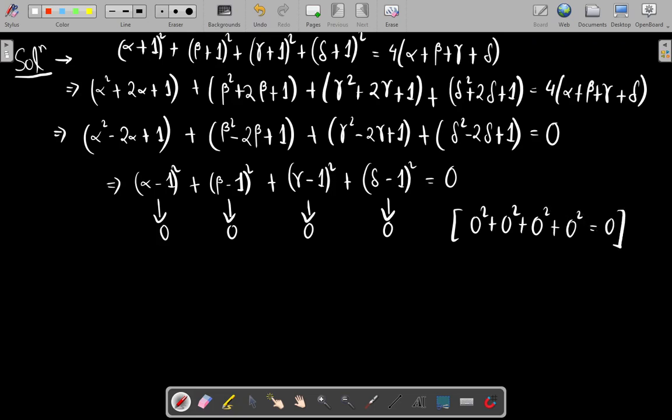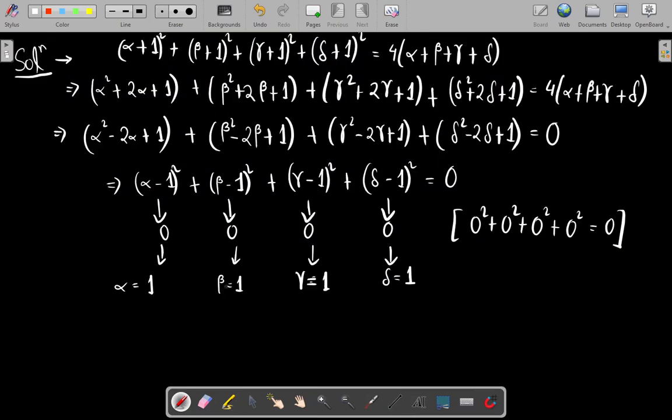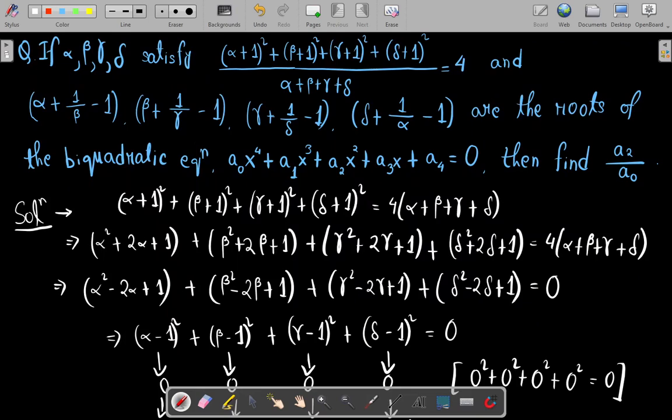Otherwise, the sum of 4 positive numbers can never be equal to 0. So if each of these is equal to 0, this implies α = 1, β = 1, γ = 1, and δ = 1. So we got α = β = γ = δ = 1 from the given condition.